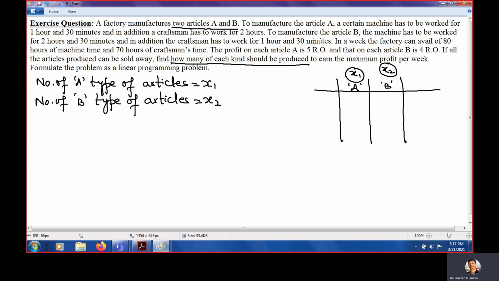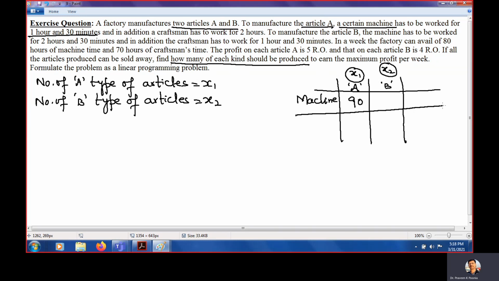Now listen. Now, to manufacture article A, read the question. There are two things required. A certain machine is required. So the machine has to work for 1 hour and 30 minutes. Let us change it into minutes: 60 plus 30, it is 90 minutes.